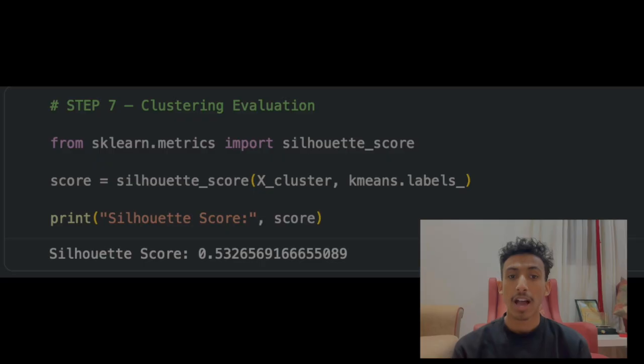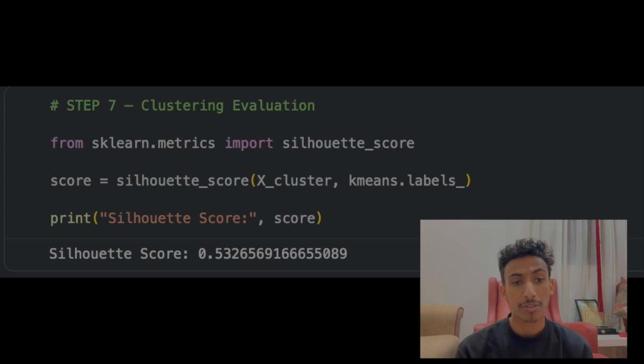Step 9. Clustering evaluation. After clustering, I evaluate the model using the silhouette score. This score helps measure how good the clustering is by checking how close each data point is to its own cluster compared to other clusters. The score was around 0.54, which means the clusters are reasonably well separated.